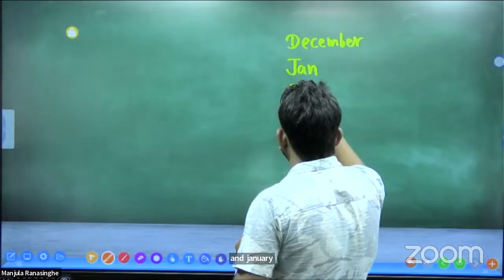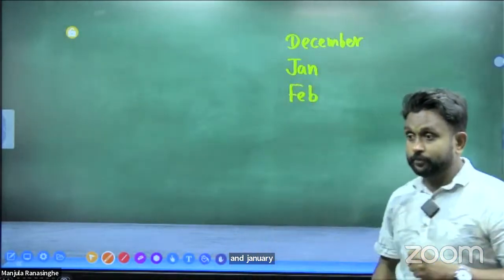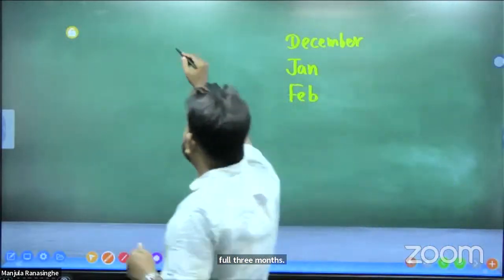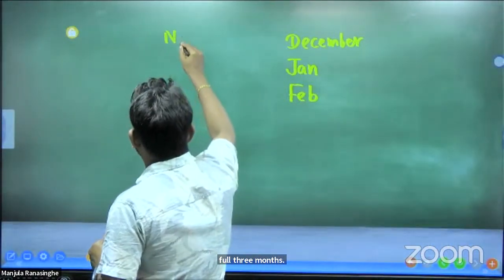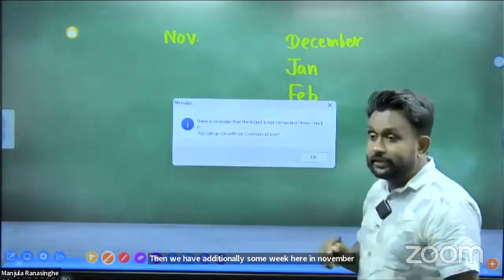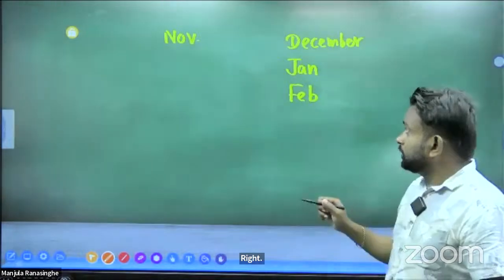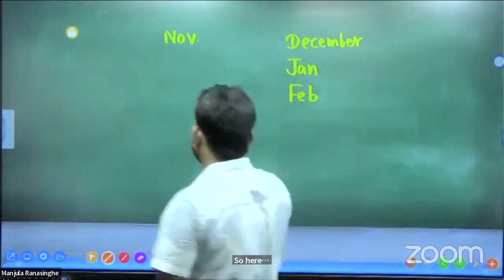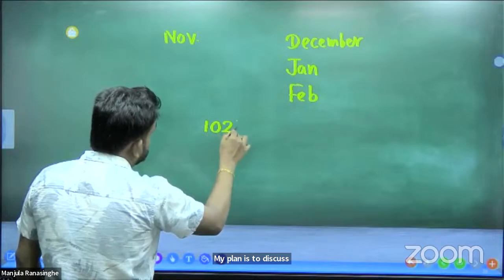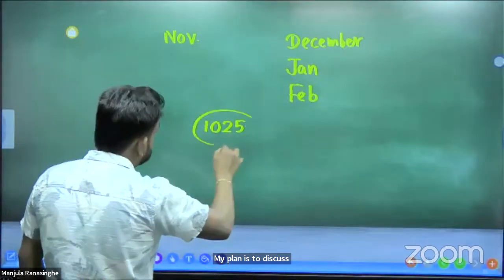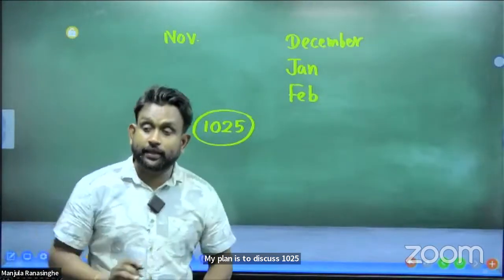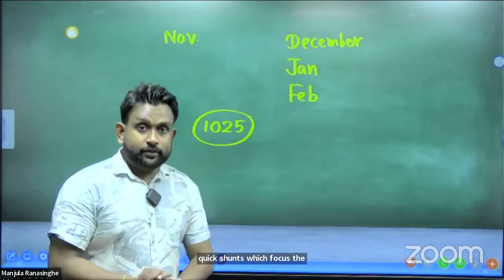We have a full 3 months. Then we have some additional week here in November. So my plan is to discuss 1025 questions which focus on the first paper, part A.